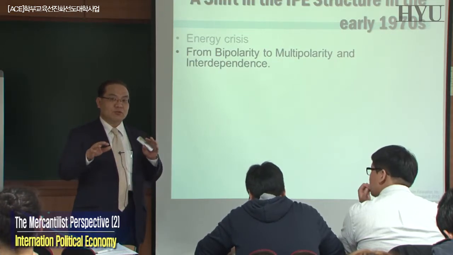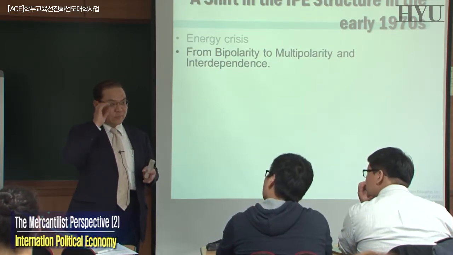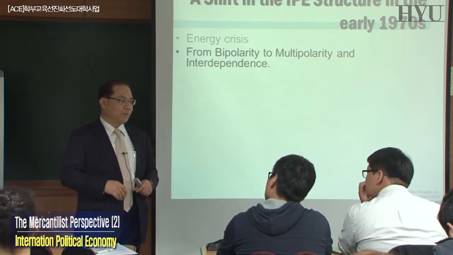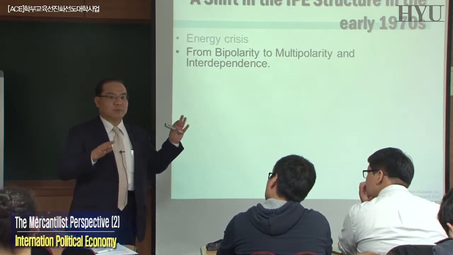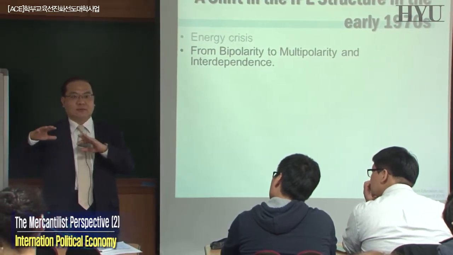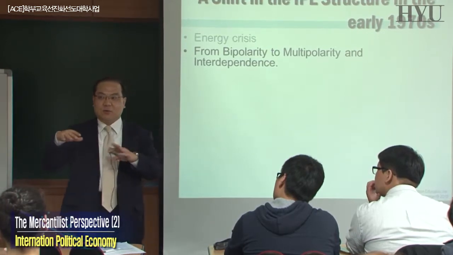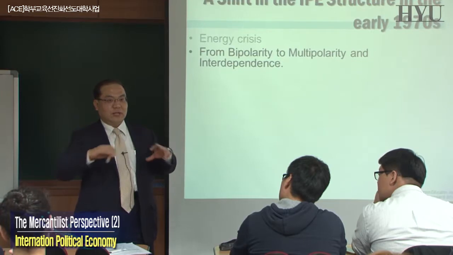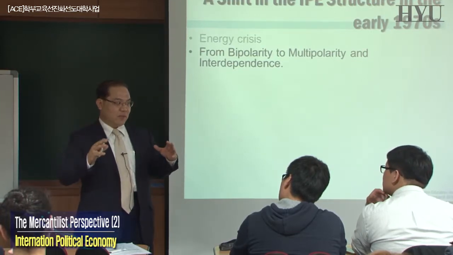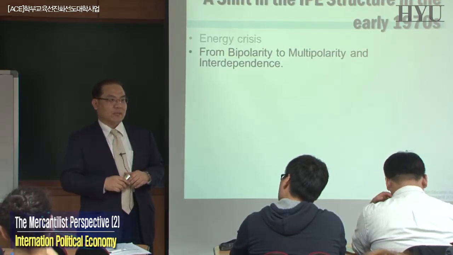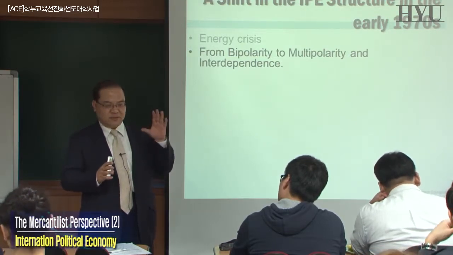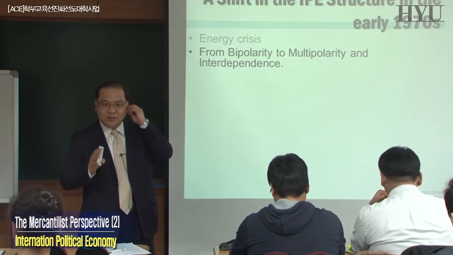The Soviet Union was very powerful, America weakened. That was the perception people had at that time. Then Joseph Nye and Keohane came out and defined the new international system as an interdependent period. They didn't quite use multipolar yet, but they did use the term interdependence.